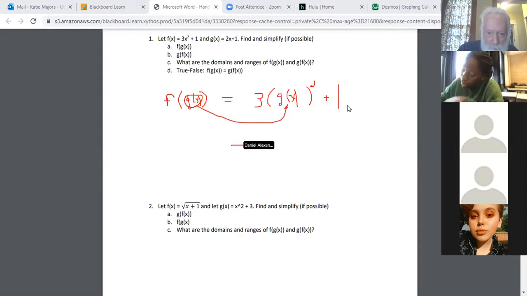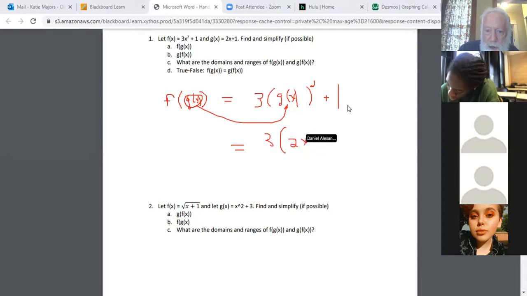Exactly, right. Okay. And then you have to do the function f, and f tells you, okay, I take that 2x plus 1 and I square it. So 2x plus 1 squared is 4x?